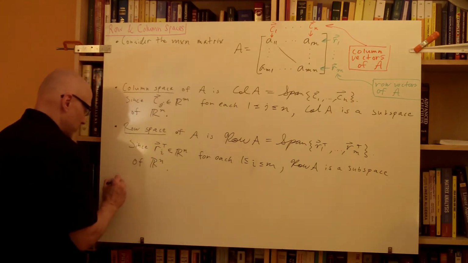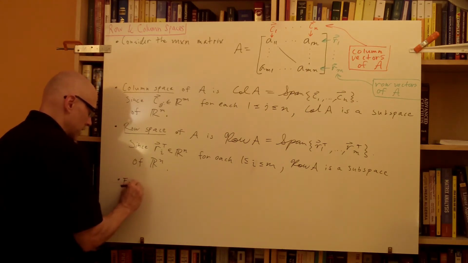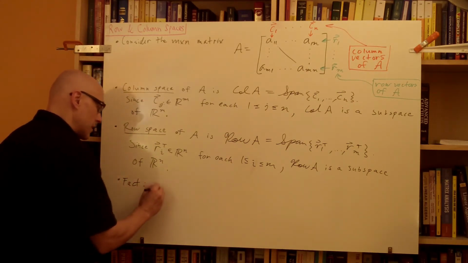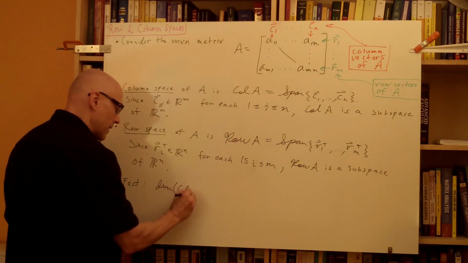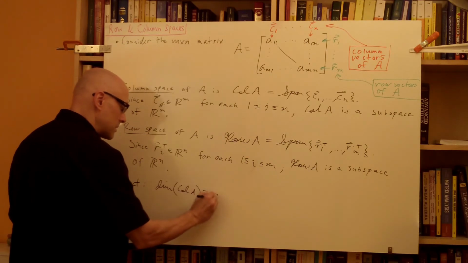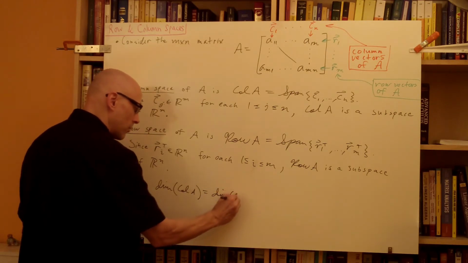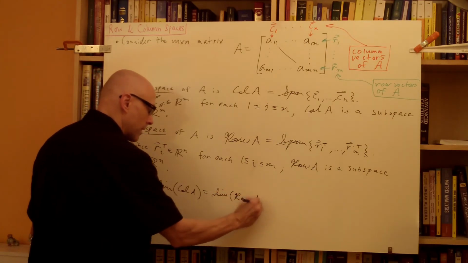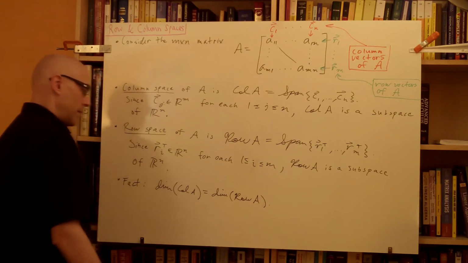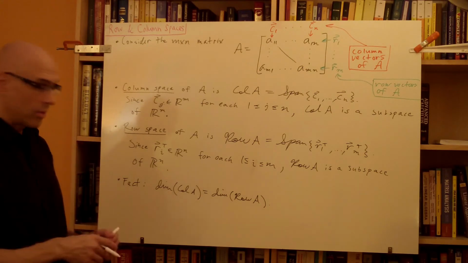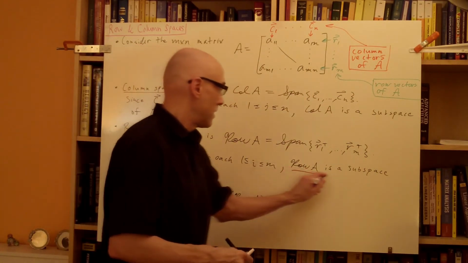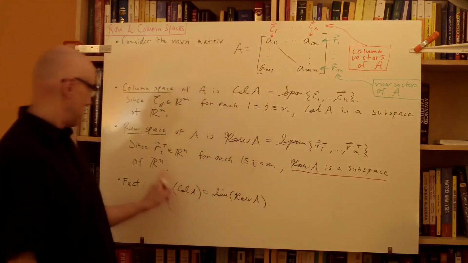It turns out, as a fact, it's proven there that the dimension of the column space of A is always equal to the dimension of the row space of A. Again, recall that the row space of A is a subspace of Rn.